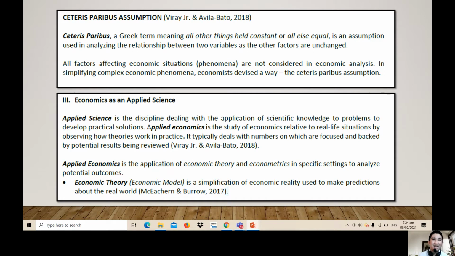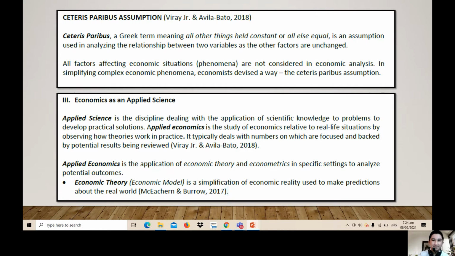That is why we need the ceteris paribus assumption. When all other things are held constant, in the graph of demand and supply, only the price is considered, not the other factors.